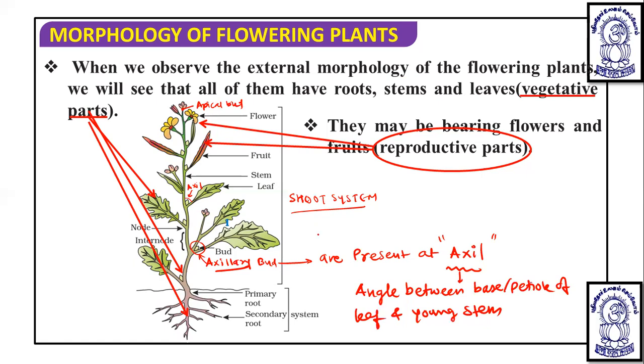The shoot system grows above the soil towards the light. So the shoot system is positively phototropic and negatively hydrotropic.